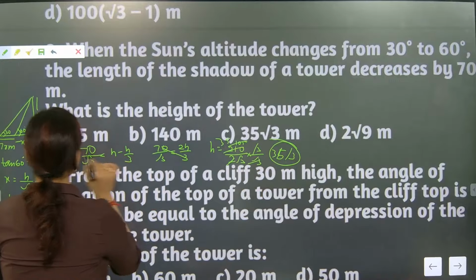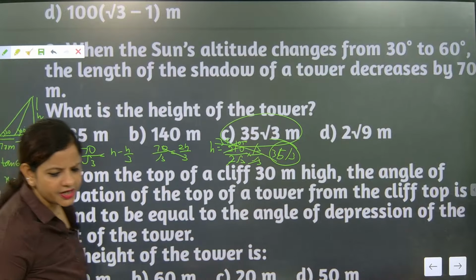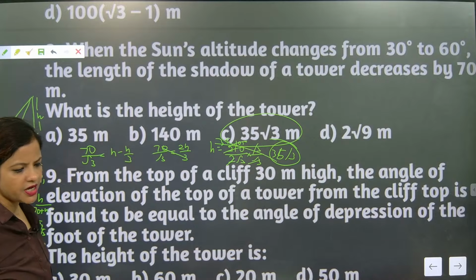35 root 3, which was again correct. 35 root 3 is option C. Option C is the correct answer. Super. Option C is the correct answer.